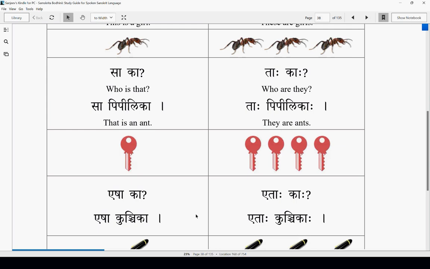Shalah. Esha Shala, Bahuvachane Etah Shalah. Similarly, Kanya, Sa Kanya, Bahuvachane Kim Bhavati? Tah Kanyah. Then, if somebody doesn't know these meanings, please feel free to ask what is Kanya.